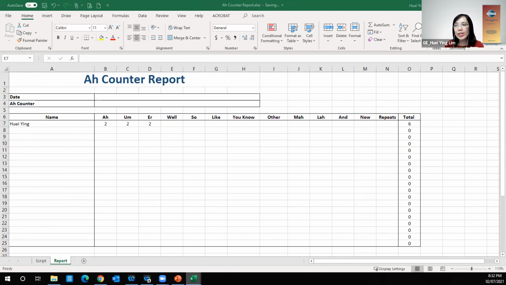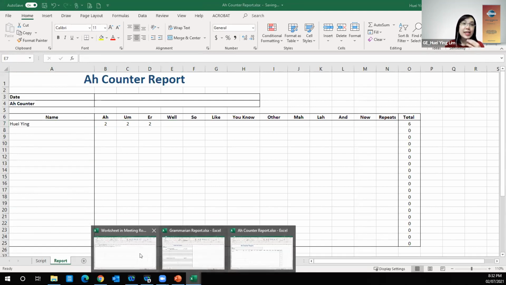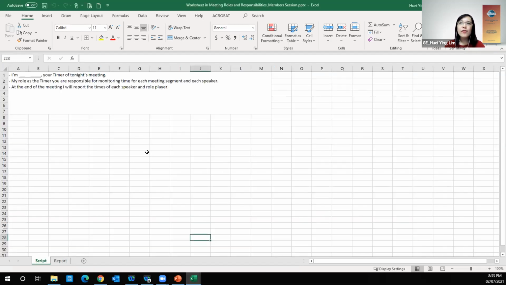And the very last one, I wouldn't say the easiest, but it's also quite tedious, is the timer. She needs to have a timer, depending on what you want to use, it can be your handphone or anything. The role of the timer is to monitor time for each meeting segment and each speaker.